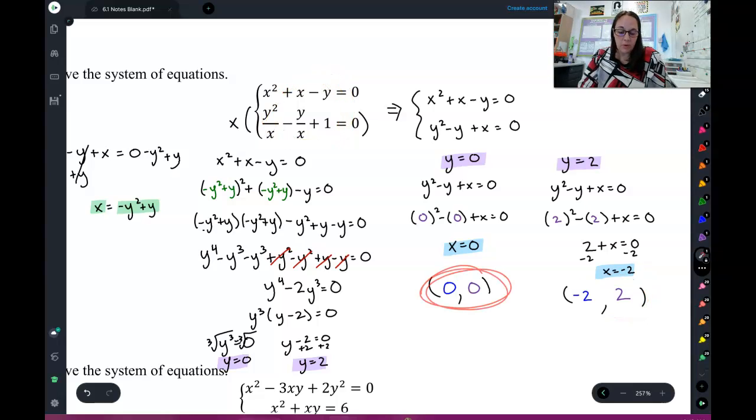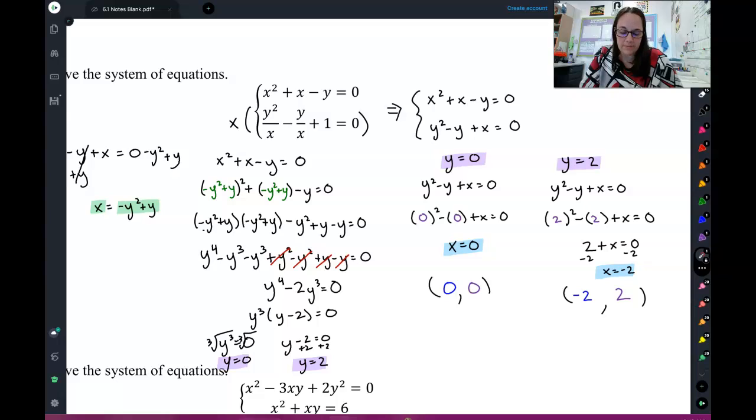So at this point, you would need to plug 0, 0 into here and here to make sure it works. And you would need to plug -2, 2 into here and here to make sure it works.